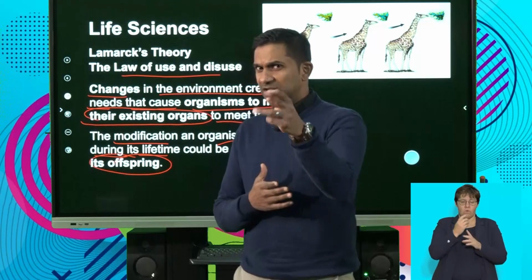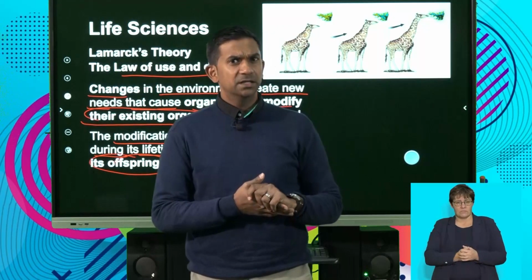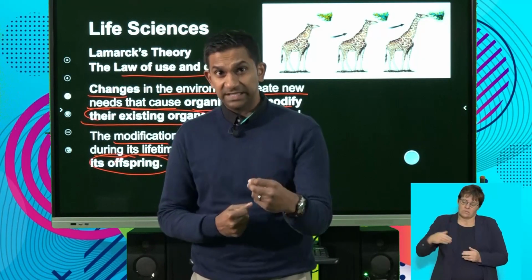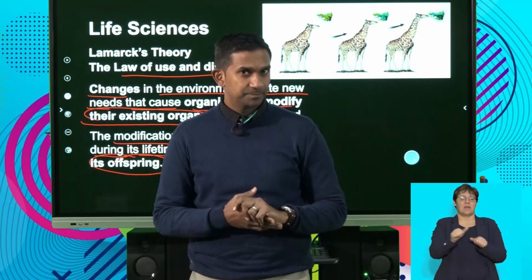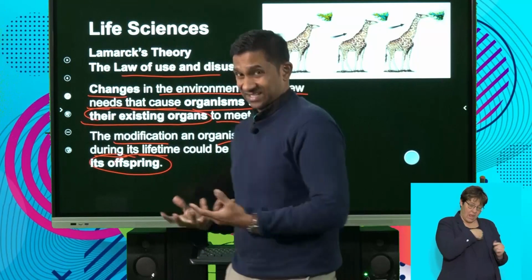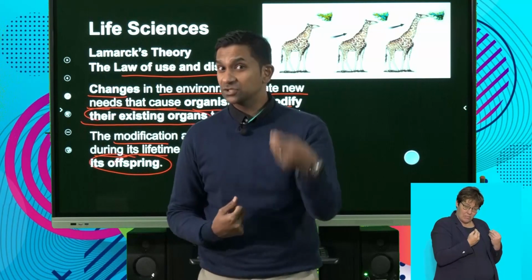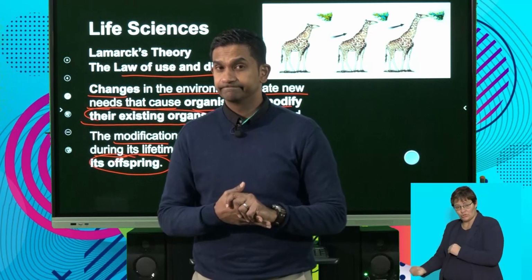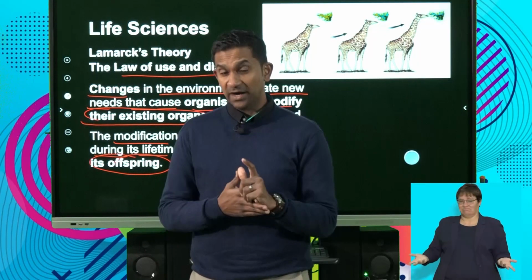And guys, I challenge you to do that. I mean, if you were using something constantly, yes, it does become better. But the question is, will that characteristic that you acquire, that you get, be passed on to the next generation? Very unlikely. Why?